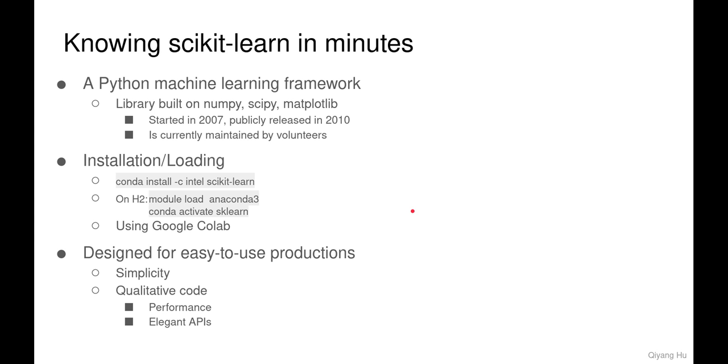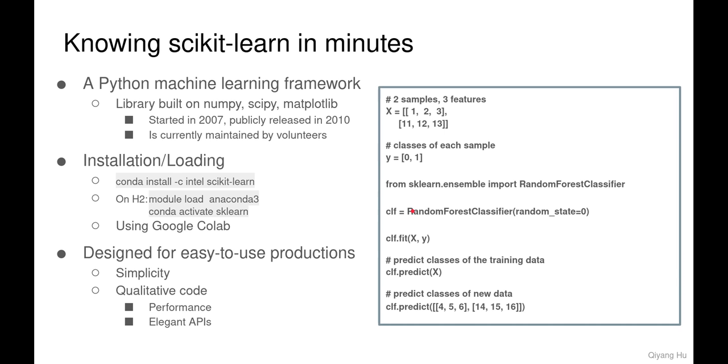We know that Scikit-Learn is a big library, but you can really see how easily it can be used with just the few lines of code that I showed in the slides here. This snippet of code I just copied from their documentation site. In a typical machine learning project, all the code can be divided into three parts.